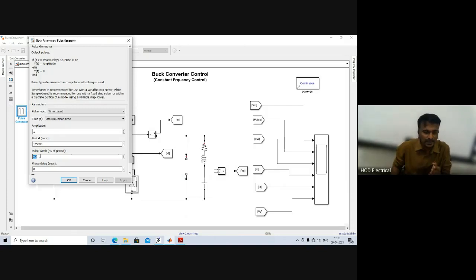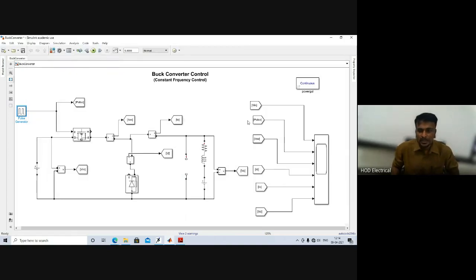Whenever the pulse width is 0, the duty cycle will be 0. Whenever the pulse width is 100, the duty cycle will be 1. Whenever the pulse width is 50%, the duty cycle will be 0.5. The phase delay I have given as 0.